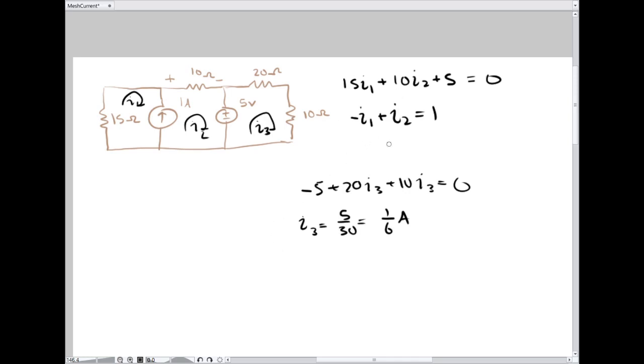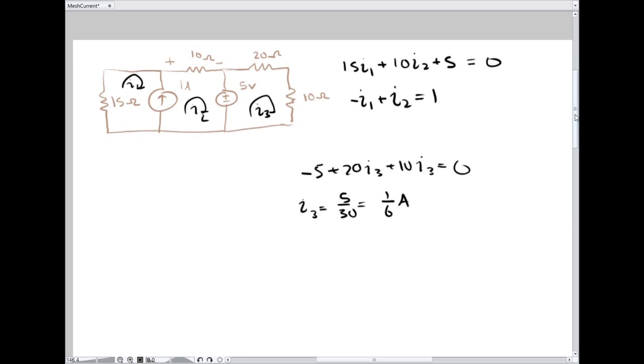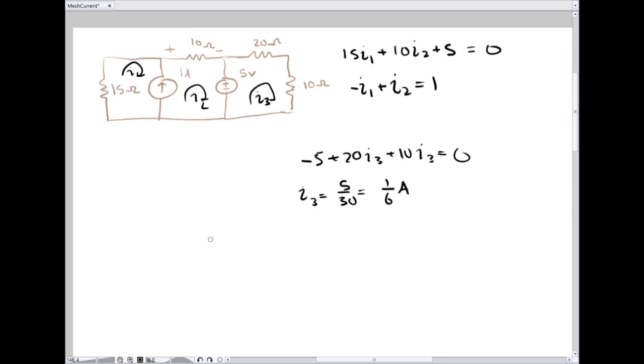So then I just have to solve a 2 by 2 here. An easy substitution looks like I2 is equal to 1 plus I1.